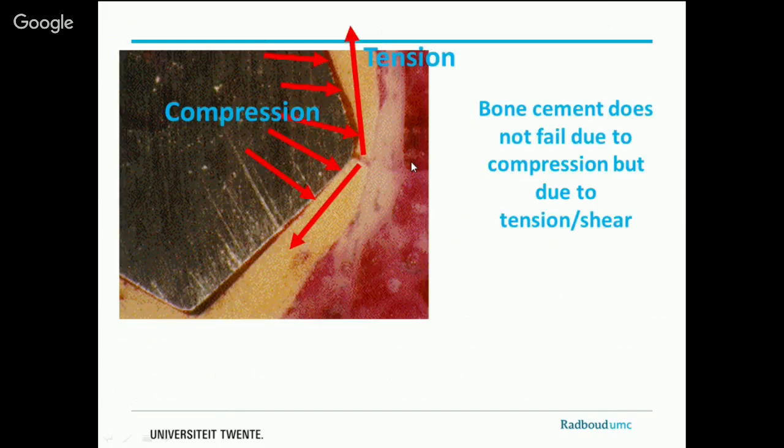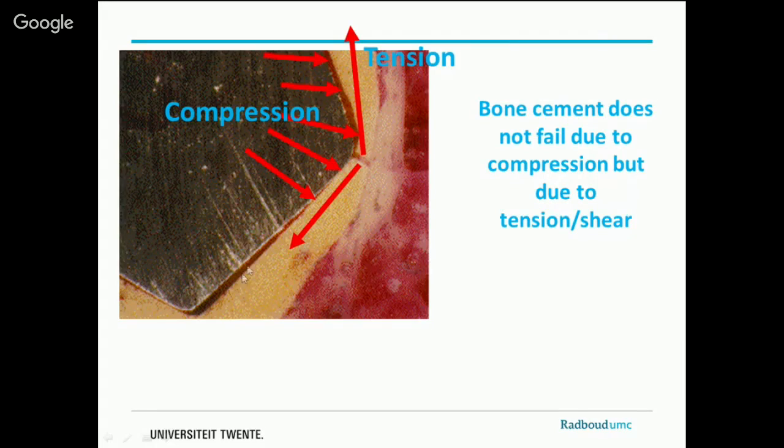Yeah, and you can see that if you look at retrievals. So these are patients who have died and they were doing well, but we look at how their implants look. So you can first see that this implant is loosened relative to the cement, and there is a gap. And the gap is there because there is a crack here, and then the cement mantle opens up and facilitates toggling of the stem, and the stem becomes a little bit unstable.